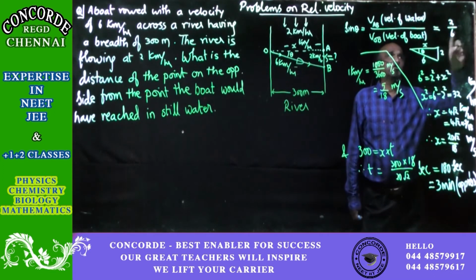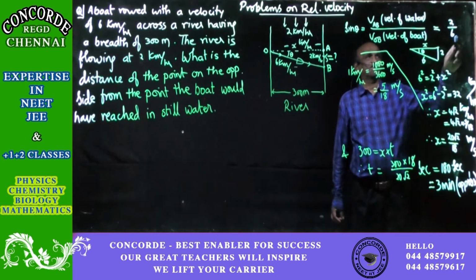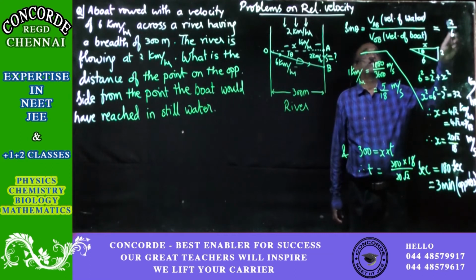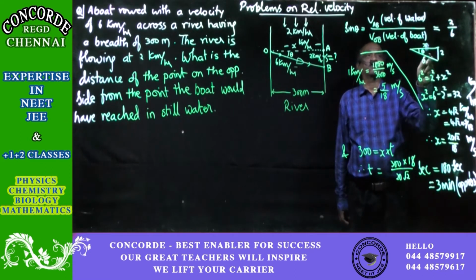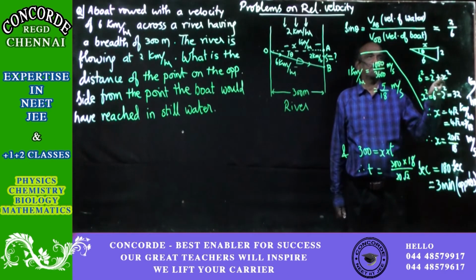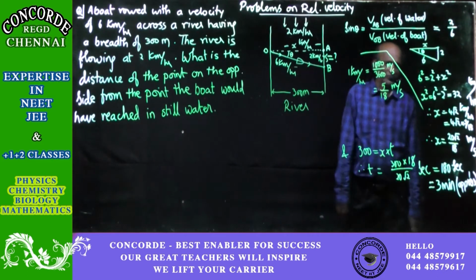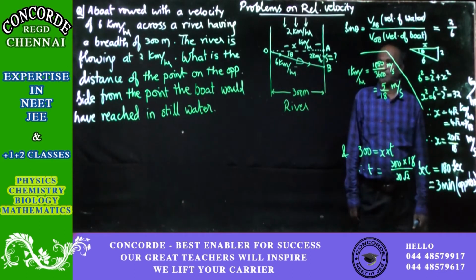Don't cancel it, don't put it as 1 by 3. Leave 2 kilometers per hour and 6 kilometers per hour as they are. Using that, if you calculate x, that also will be in kilometers per hour. Then find the value of x. X you will finally find is equal to 4 root 2 kilometers per hour.